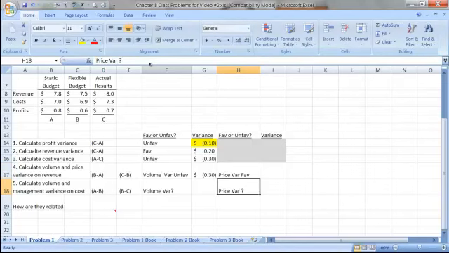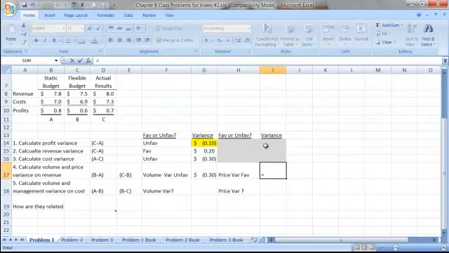Okay. And let's go ahead and calculate it. It would be, let's see, and there we go, 0.5 favorable variance because of price.